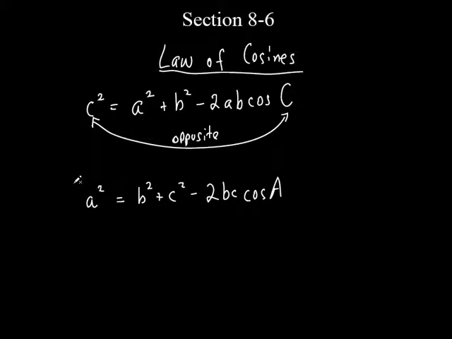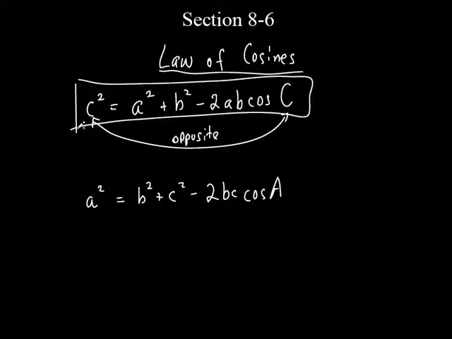Now, the book actually writes it three different ways. I kind of like this way. This is the way I've always learned, and this is the way most books usually show the law of cosines. If they could pick one formula, they usually show it like this. You could also get b by itself. So b squared would be a squared plus c squared minus 2ac, and then cosine of angle B. Do you see that?